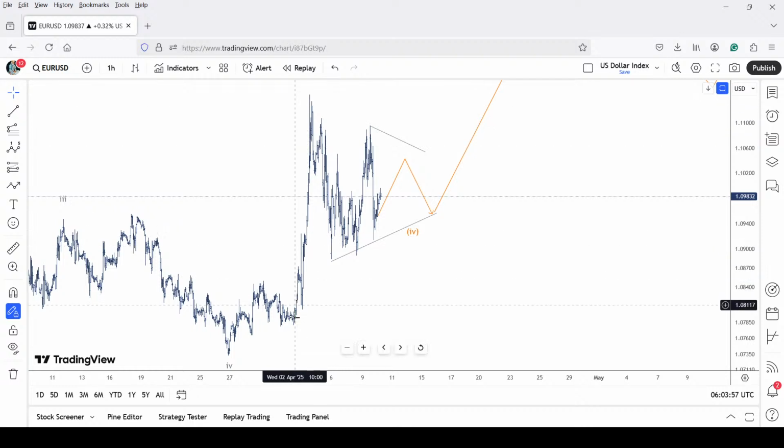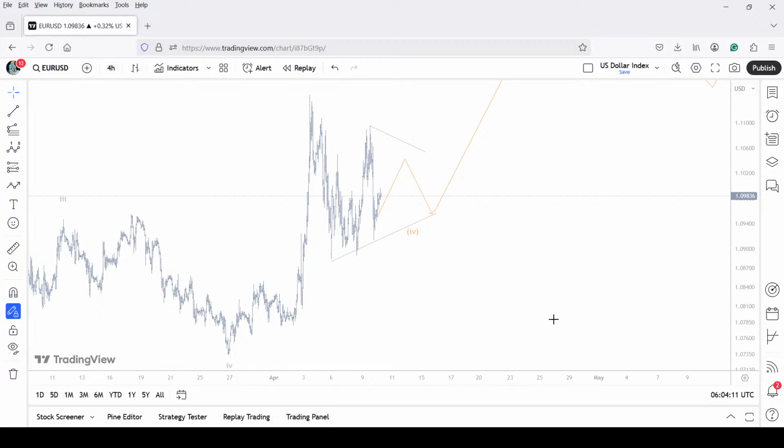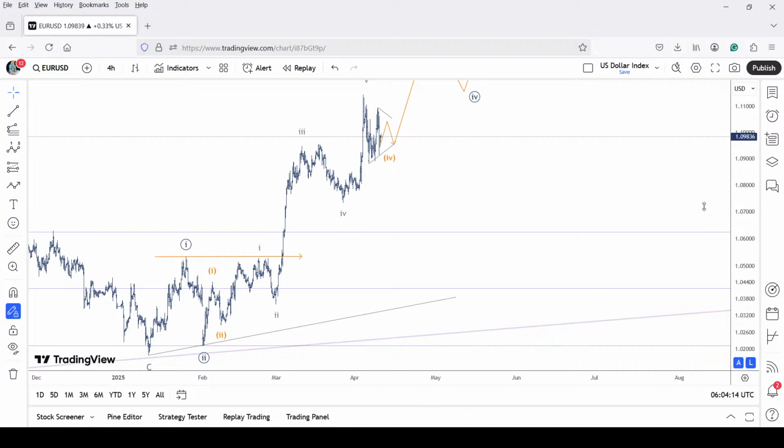That entire rally is just one wave, so it could be just the third wave, maybe fourth wave unfolding as a triangle, and then a rally towards fifth wave is quite possible. But that doesn't change anything as far as the direction of the trade is concerned. So need not worry on the trade direction at all.